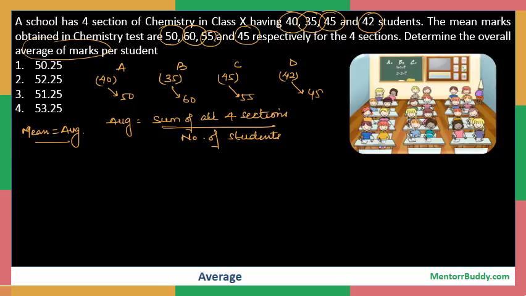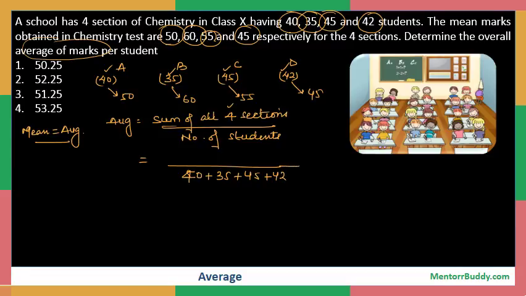As we can see, the number of students in all the four sections is 40, 35, 45 and 42. So I rewrite it as 40, 35, 45 and 42.